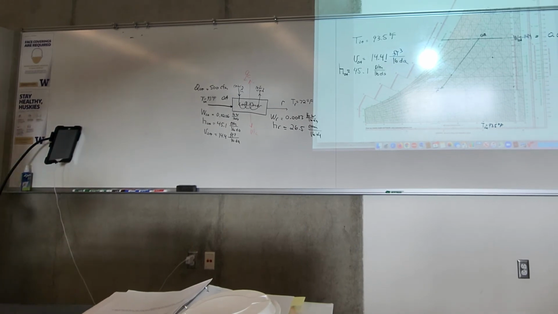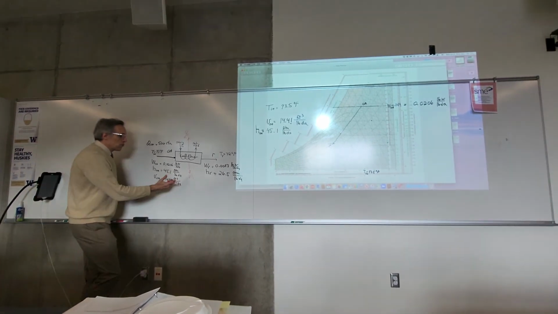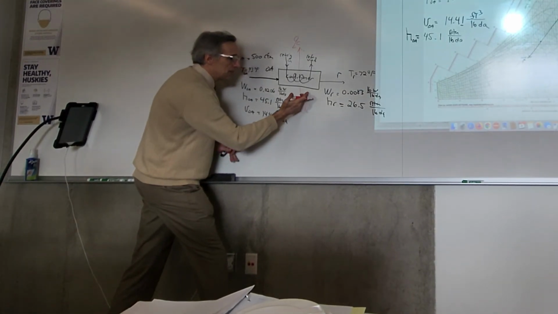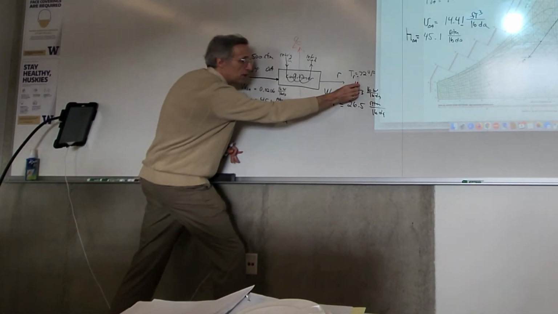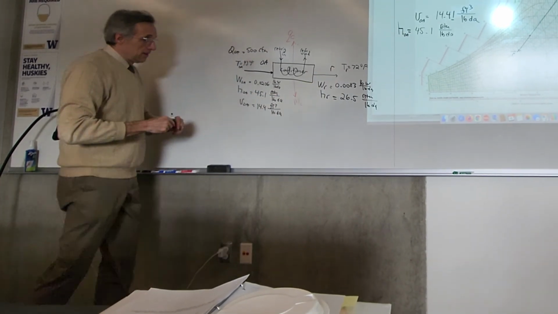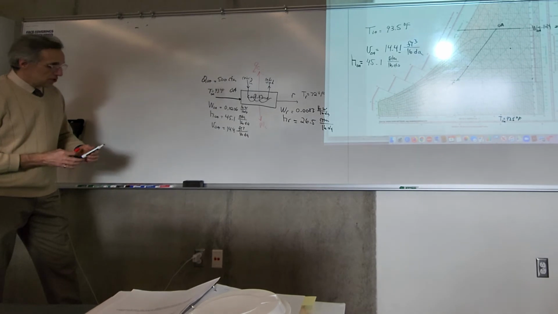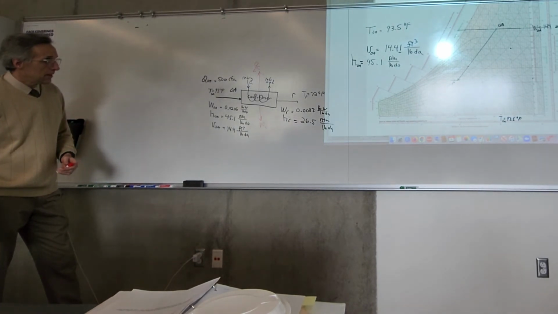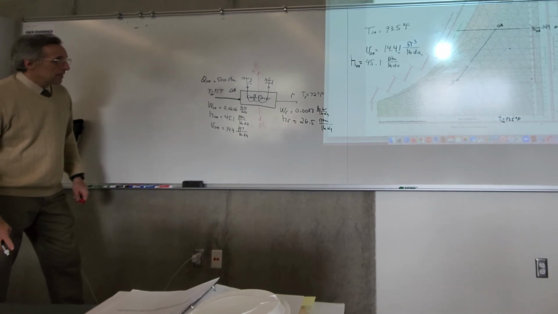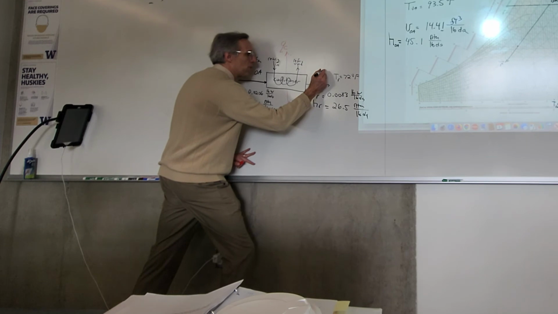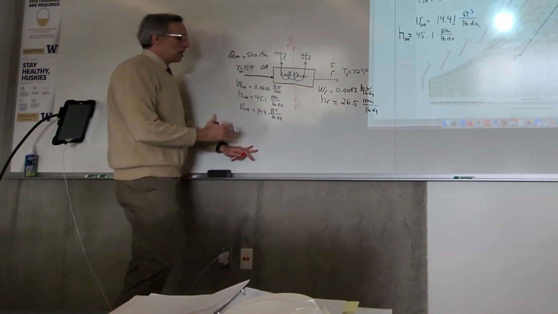Okay? Now, this water that is condensing exits the conditioner at something close to the exit temperature from the conditioner. Normally we would call this supply air because it's coming out of the conditioner.